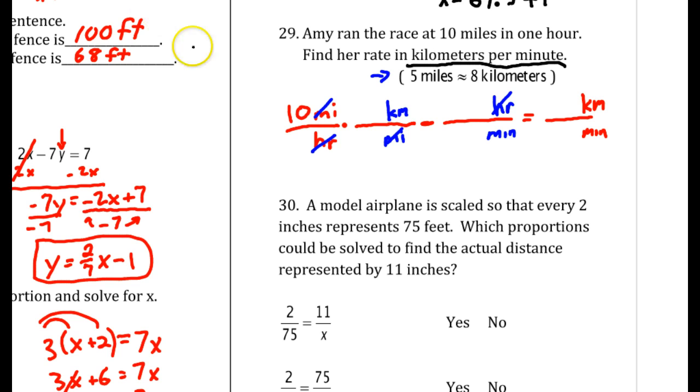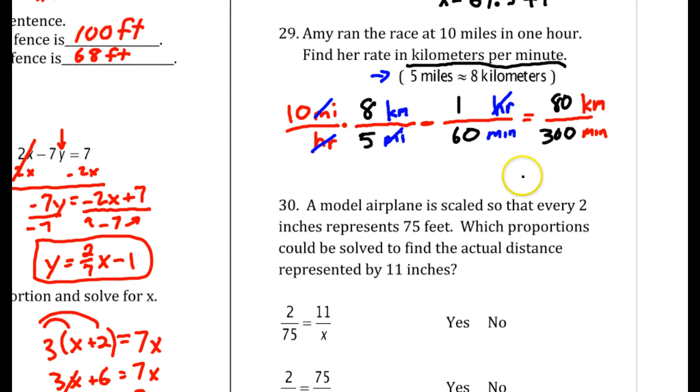And then we can go through and put in our values. We have 5 miles for 8 kilometers. Over here we have 1 hour is 60 minutes. So we have basically 80 over 5 times 60 on the bottom, which is 300.